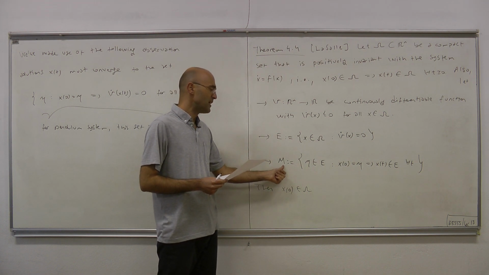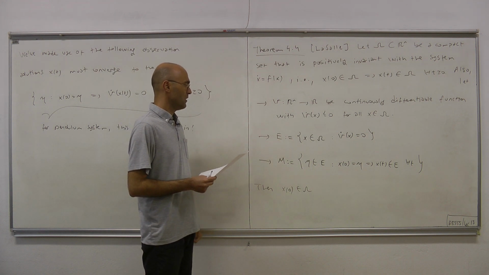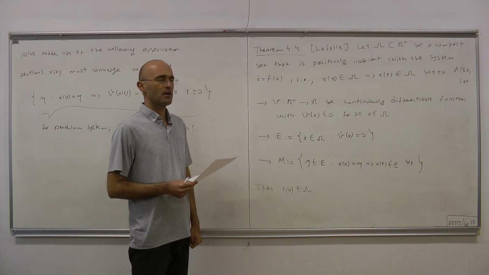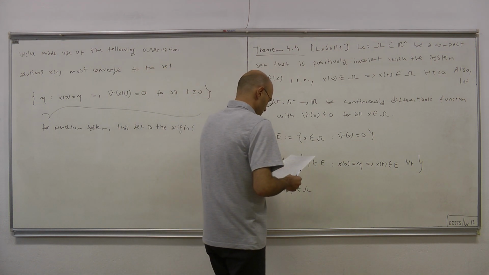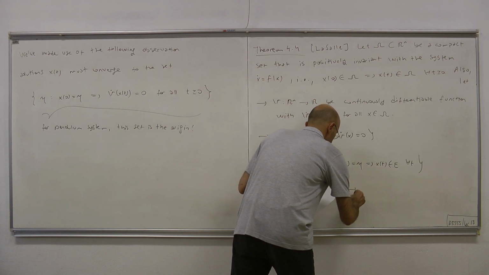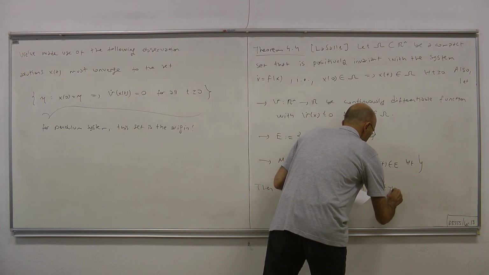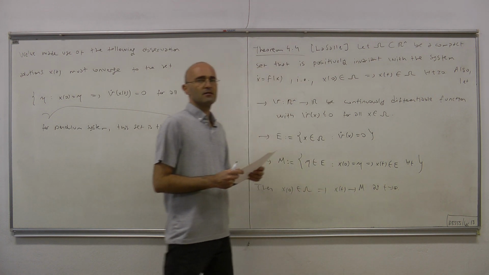We have shown that this set, the largest invariant set in E, is no other than the origin. This implies x of t must converge to M as t goes to infinity.